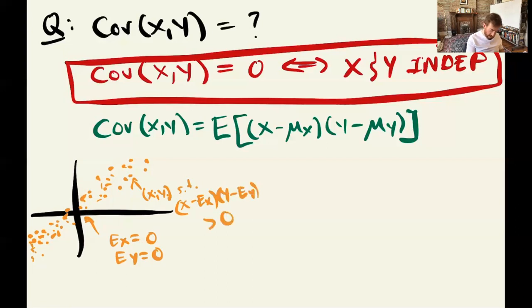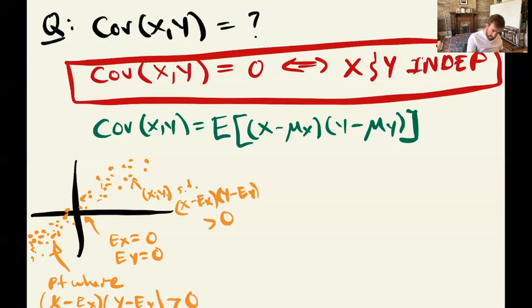And actually the same thing is true down here, except now I've got, let's say, a point where it's less than the expected value for x, but its y value is also less than the expected value for y. So if I take a negative number times a negative number, then I get, again, a point where x minus expectation of x times y minus expectation of y is greater than 0.